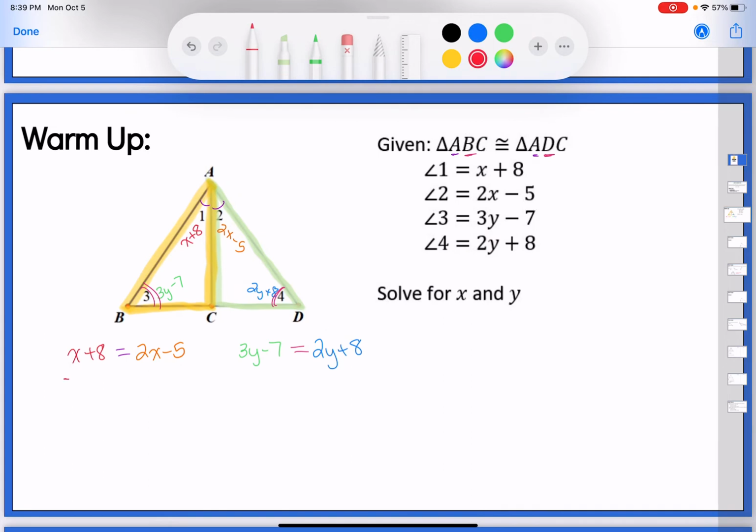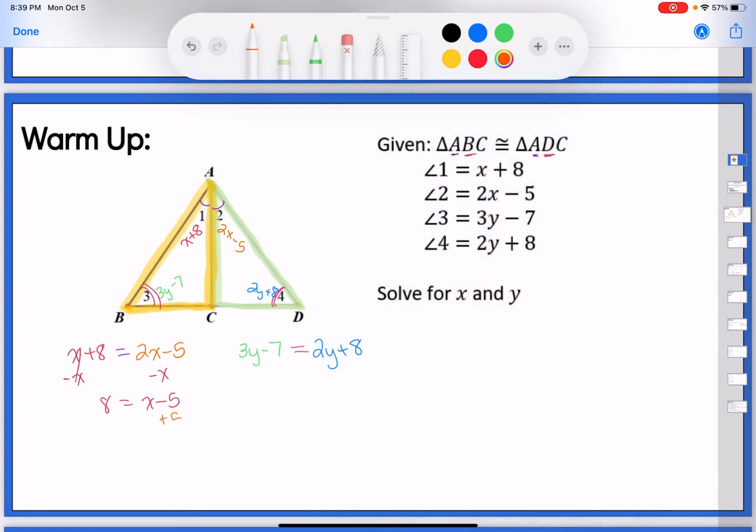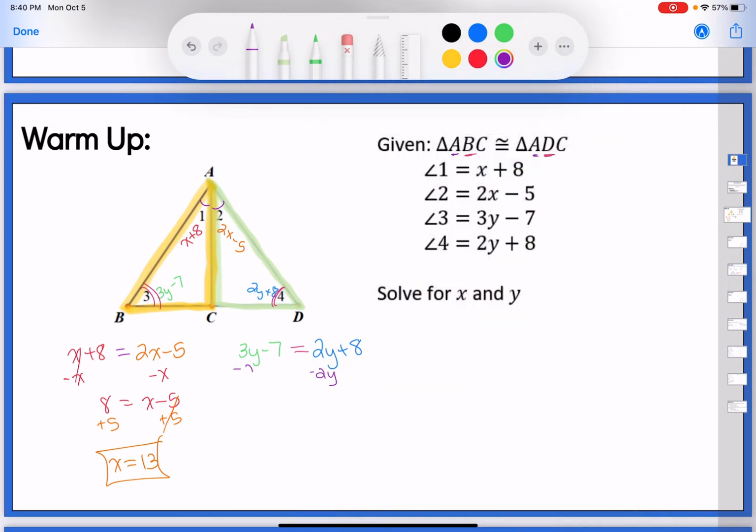So let's see, I would subtract x from both sides on this one. I get 8 equals x minus 5. And then I would add 5 to both sides. So I get x equals 13. Okay. On this other side then, I would subtract 2y from both sides.